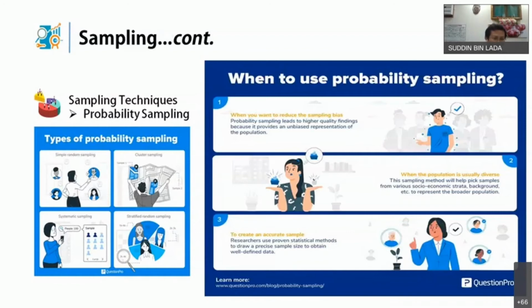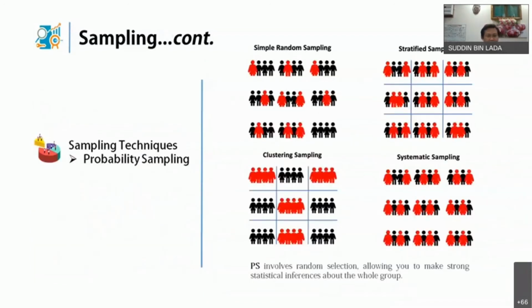Look back at the slide here. Simple random sampling, where we use a simple random style. But if you go to stratified, it is divided into various groups, different stages or different dimensions.